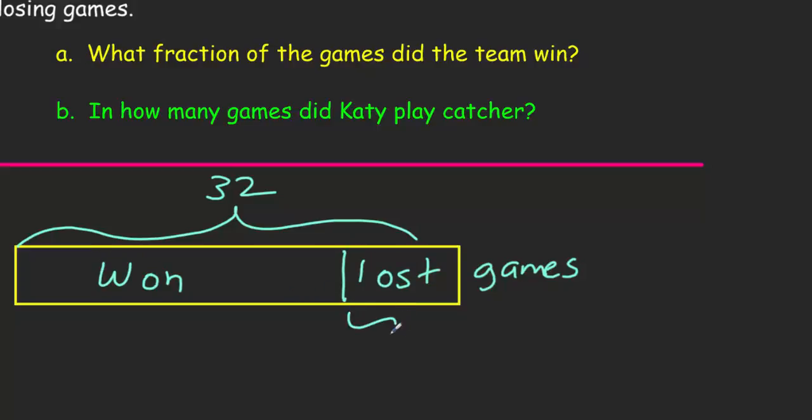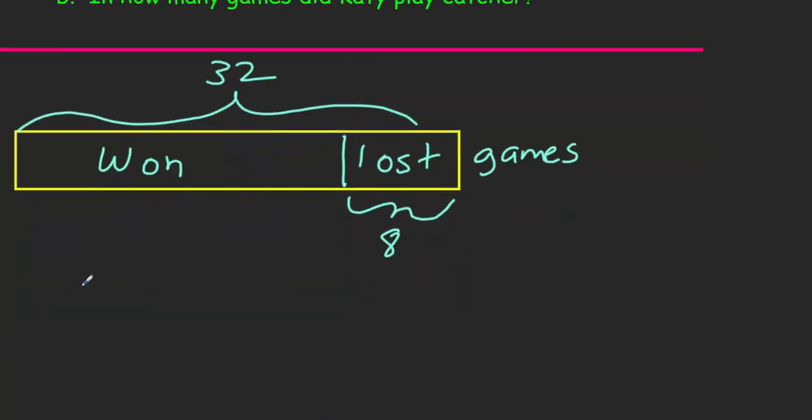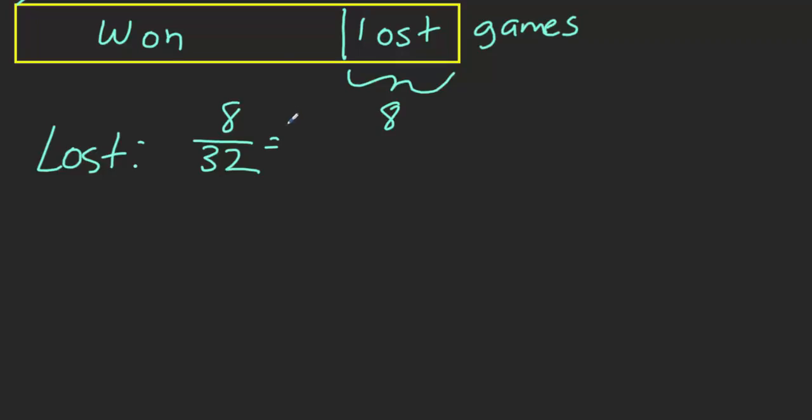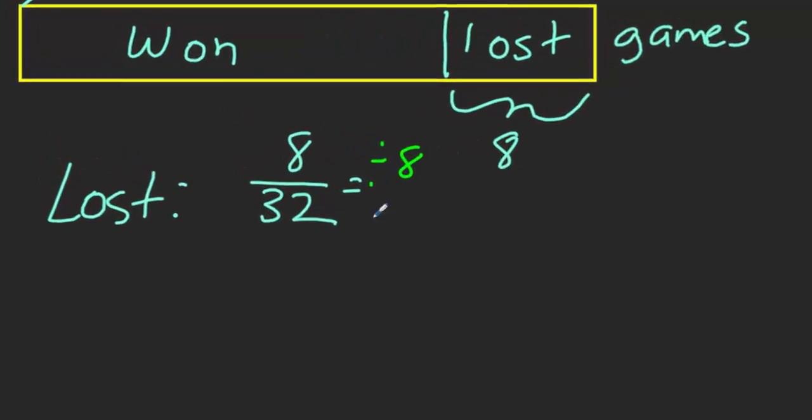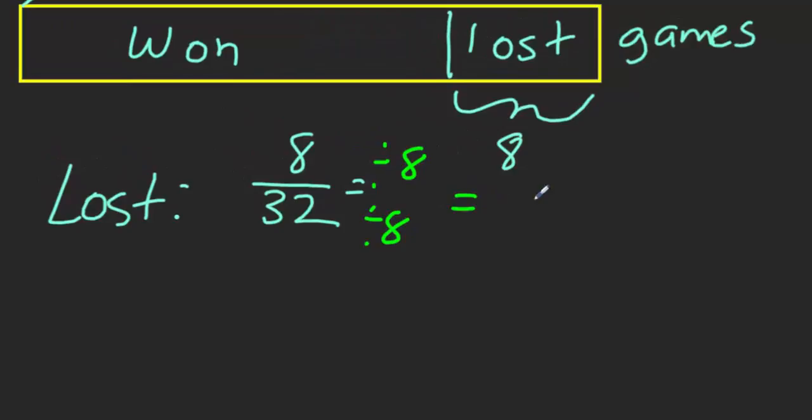Now we already learned in the word problem that 8 of those games were lost. So we could actually look at this based on the number of games lost rather than won, just doing the reverse. So we had 8 games that the team lost, and that was out of 32 games. If we were to put it in simplest form, we can divide out an 8 on both the numerator and denominator, giving us 1/4.